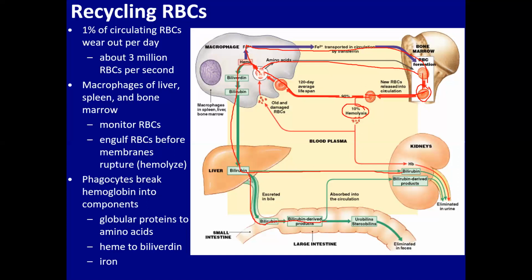It's broken down. And when it's broken down, part of the products, again, go to your kidney so it can be eliminated in urine. And then part is going to be broken down into urobilins and stercobilins, and that's eliminated in feces, right?